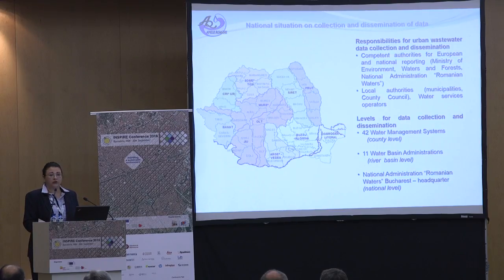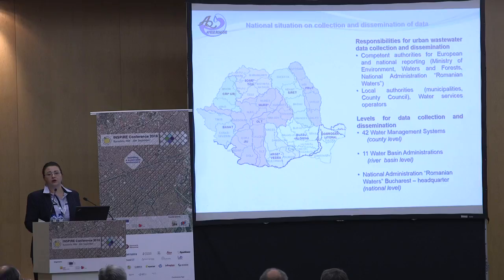After this, the information is collected on the questionnaire. Unfortunately it's a paper questionnaire because we did not succeed to create an IT tool to more easily collect, monitor and survey all the process. The information is sent to the river basin level.